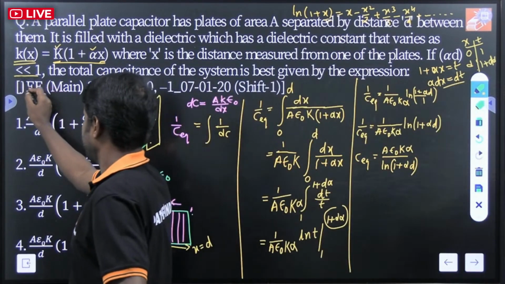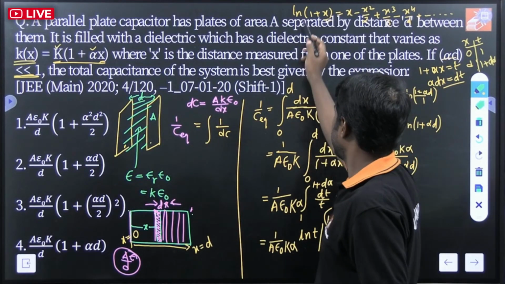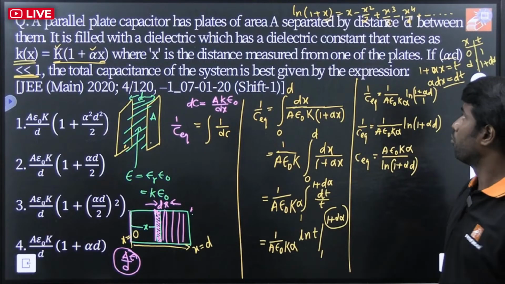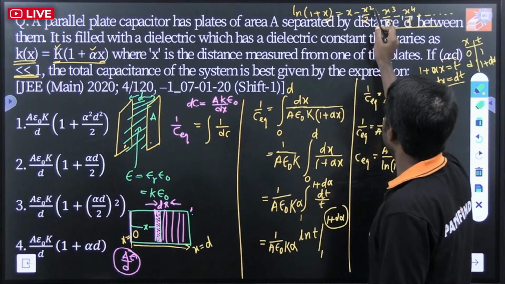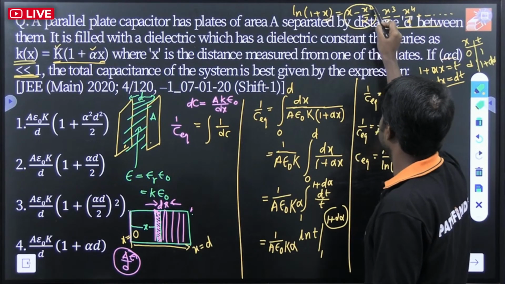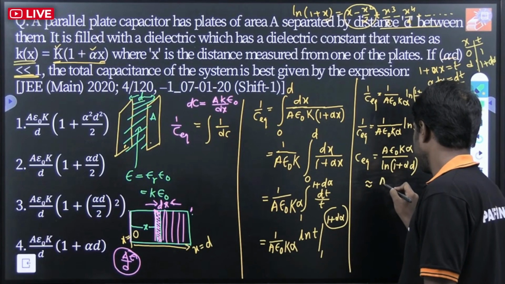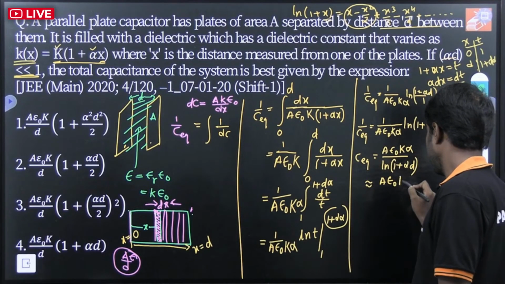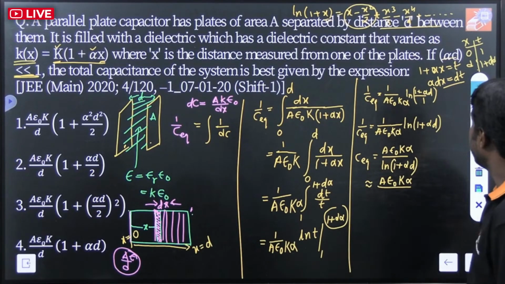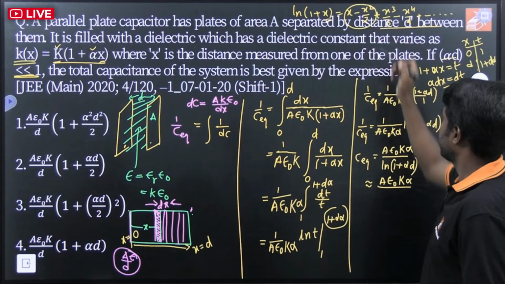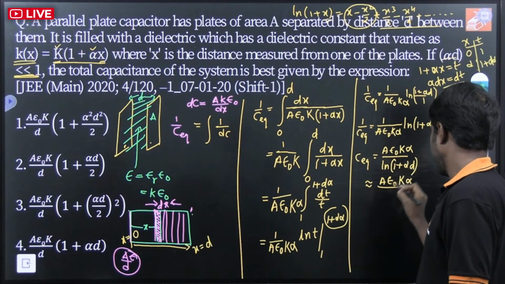Here x is our alpha d, which is much smaller than 1, so we can neglect the higher order terms and use only these two terms. The approximated value is A epsilon naught K alpha by (x minus x square by 2), where x is alpha d.